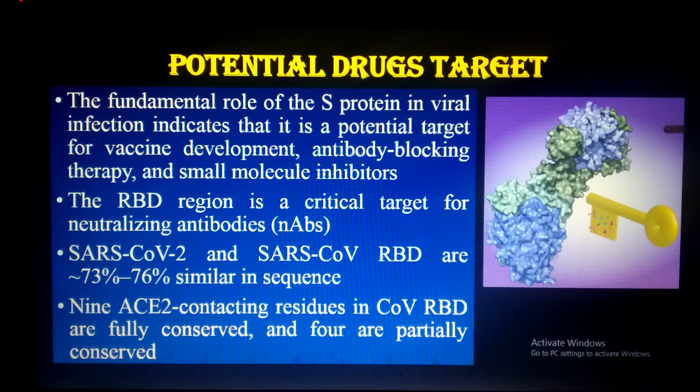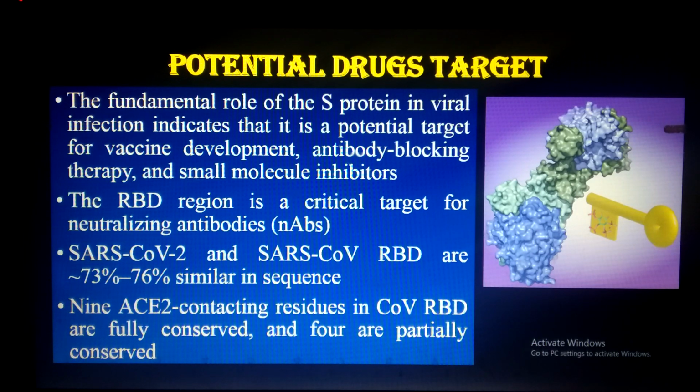And it has been confirmed that the SARS coronavirus 2 and SARS coronavirus 1 RBDs are 73 to 76% similar in sequence. Must keep it in your mind. And 9 residues in the coronavirus RBD are fully conserved and 4 are partially conserved.